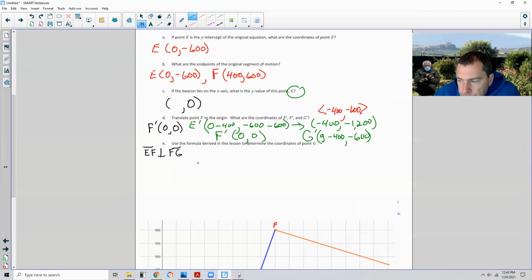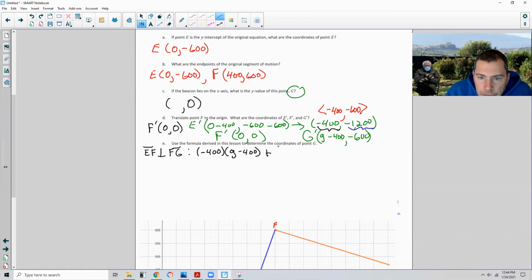So I'm going to take my x values. Therefore, negative 400 times g minus 400 plus my y values, 1,200 negative times negative 600 has to equal 0.